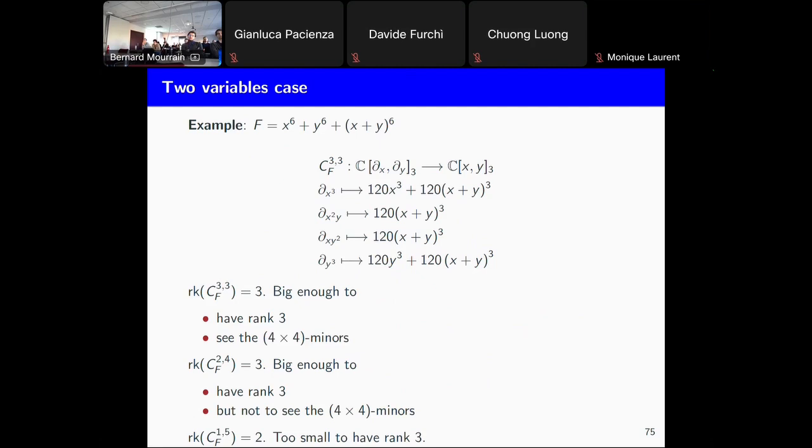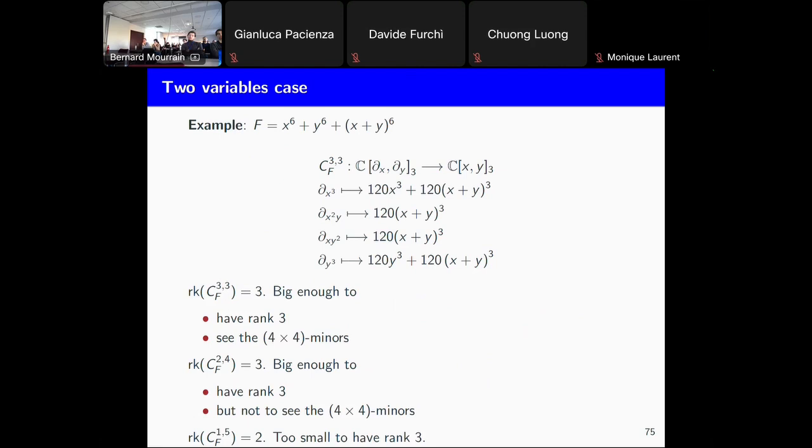And again, if you look at this matrix here, I didn't write it, but it turns out to have rank 3. It has size 4, and here you can see the 4x4 minors being 0. So this is big enough. This most square catalecticant is big enough both to see the rank and to see the vanishing of the minors.